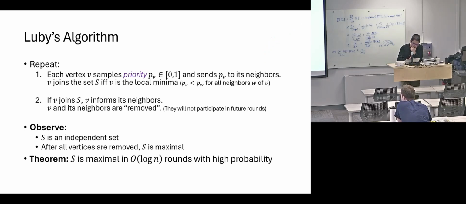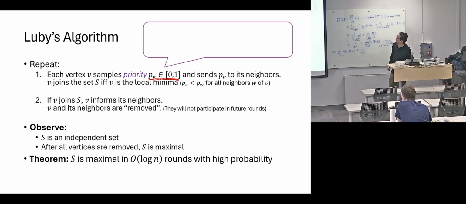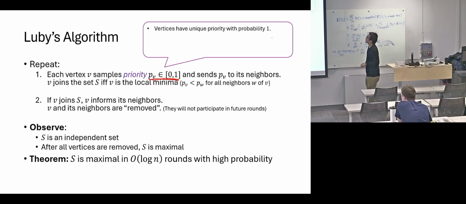So now, why do I choose the priority as a random real number from 0 to 1? I could do it differently, but the point here is that when I sample from real numbers, I just want to simplify things so that each vertex has a unique priority with probability 1.